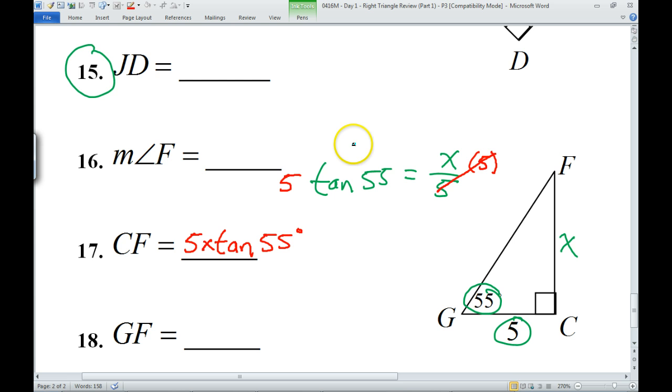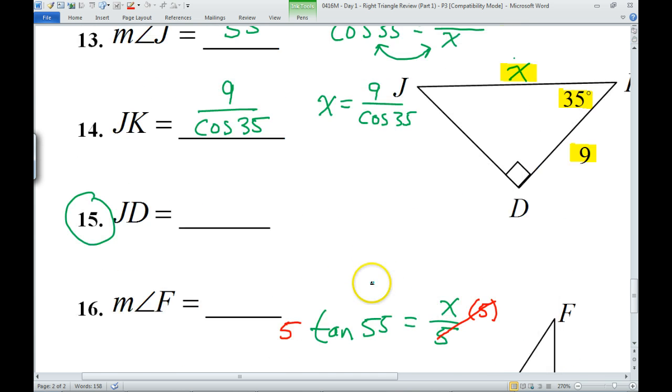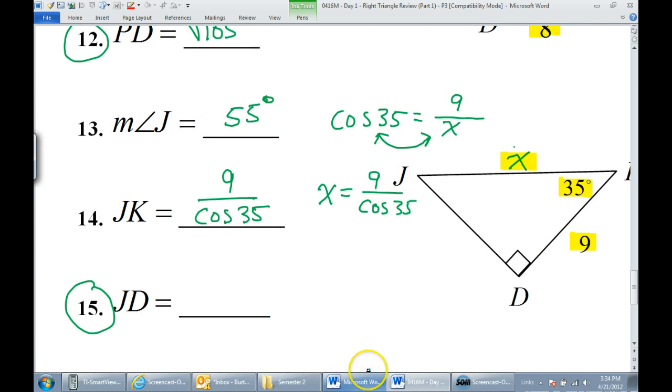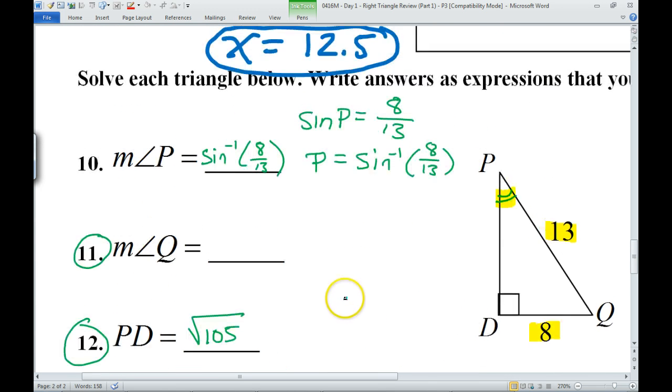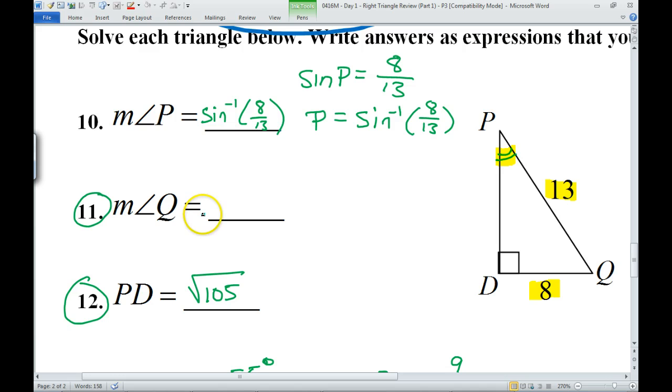So that's number 17. But I actually want to go back to see any problems that we skipped. Okay, looking back at angle Q, number 11. Angle Q. We have the 8, we have the 13.